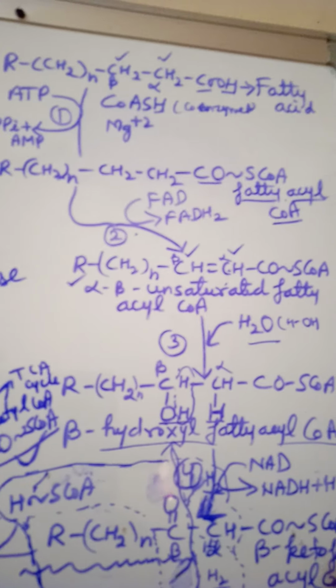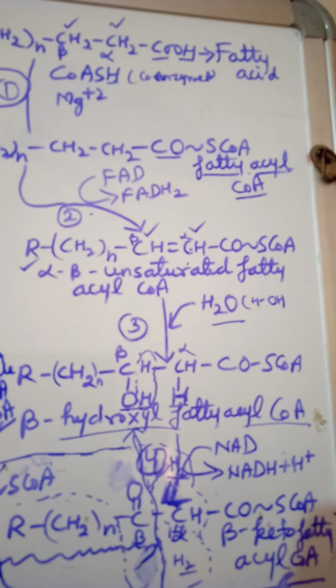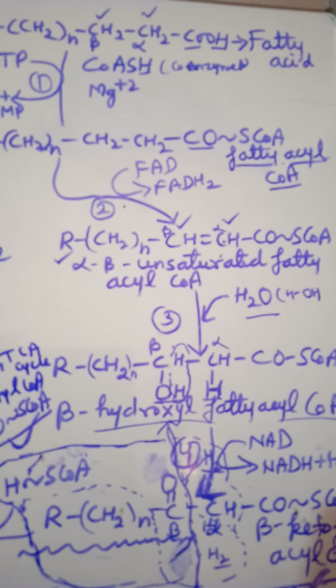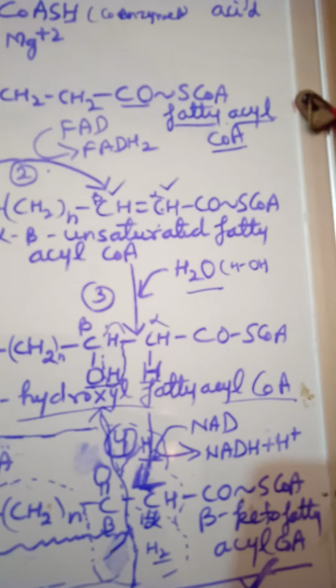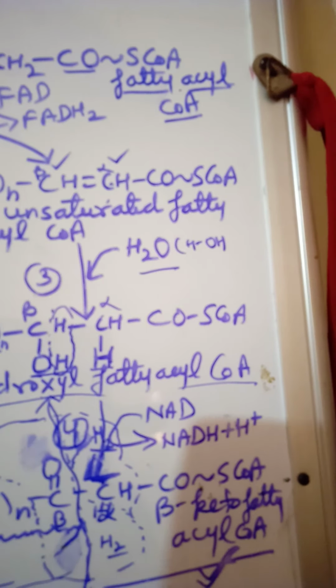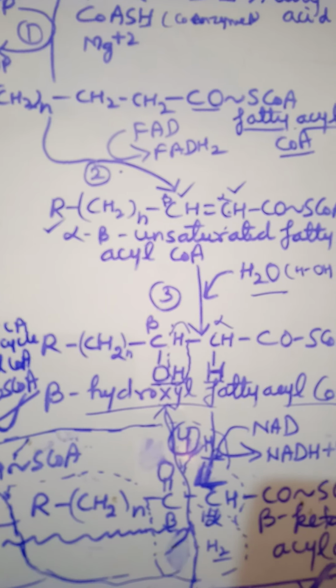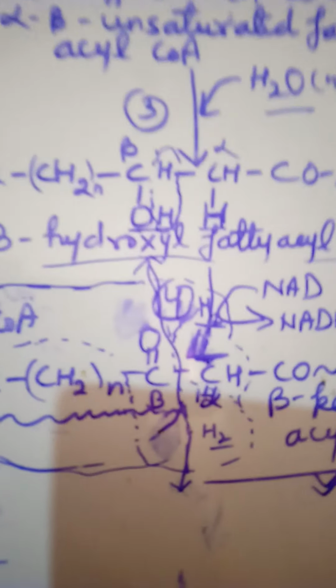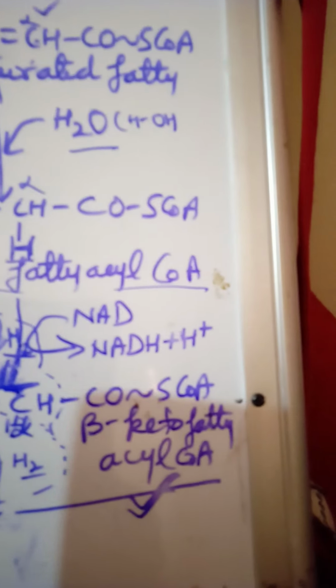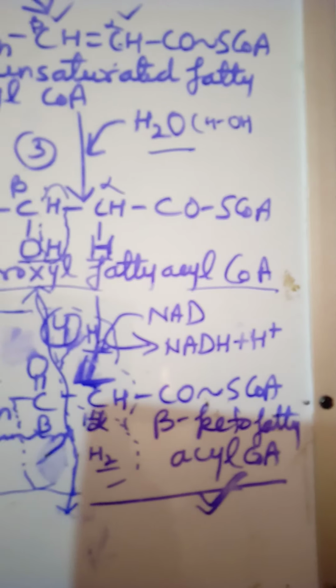After step 3 this is converted into beta hydroxy fatty acyl coenzyme A, which, as we can see in the figure, is converted into a beta keto fatty acyl coenzyme derivative.